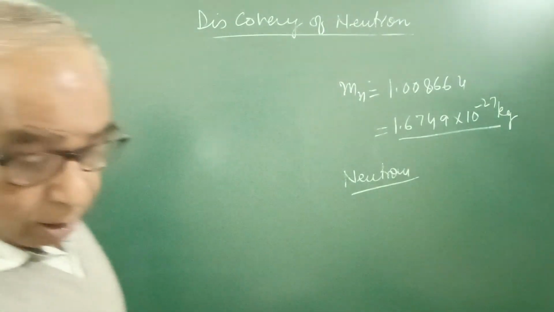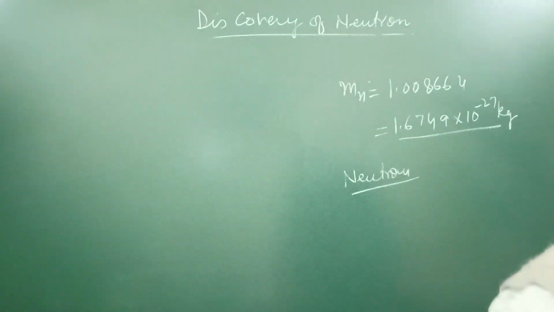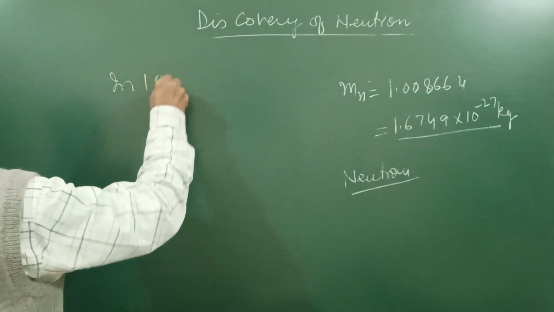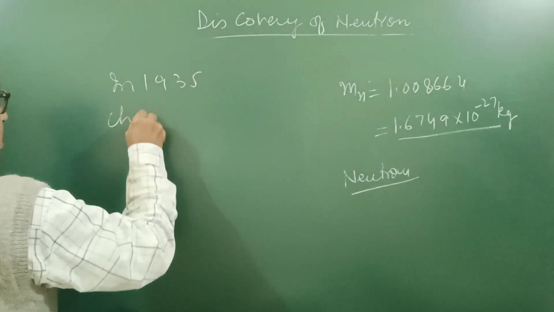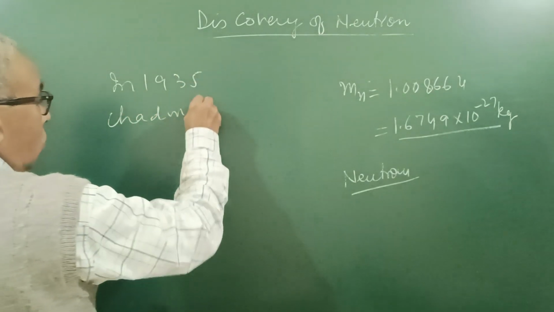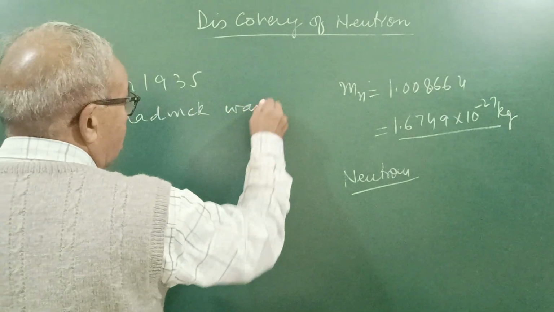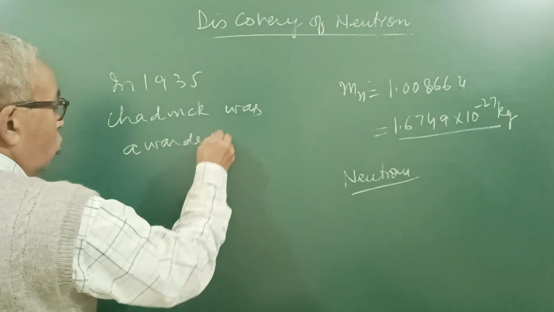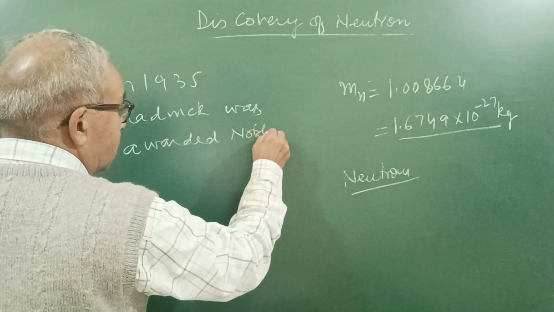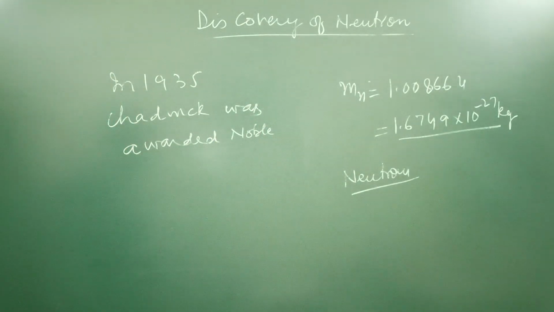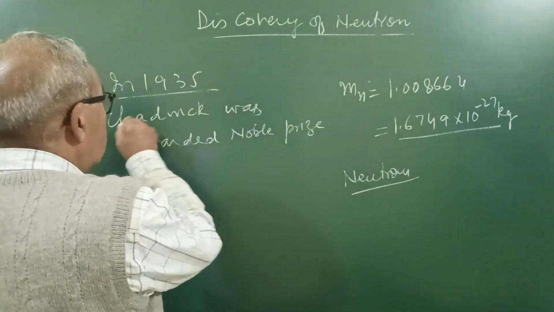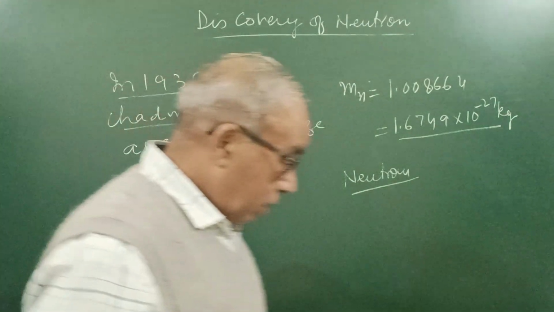For this, Chadwick was awarded the Nobel Prize in 1935, because this was a great problem: what is inside the nucleus? This is to remember the work of Chadwick and what he discovered.